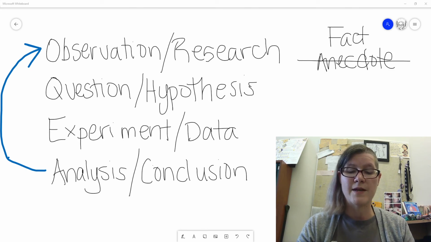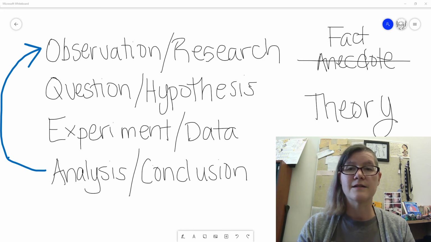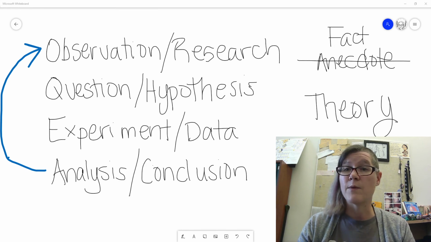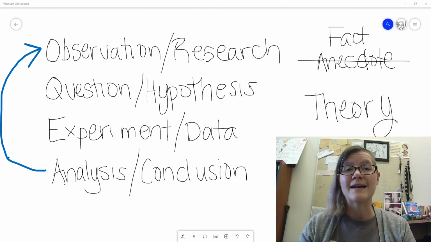That is when we get to what we call a scientific theory. Scientific theories are explanations backed by facts which are supported pieces of data for a hypothesis. Once we get to that point, we can explain it, and we can continue to use that theory to test new pieces of data as they come.